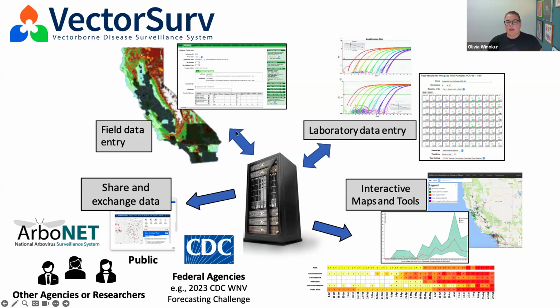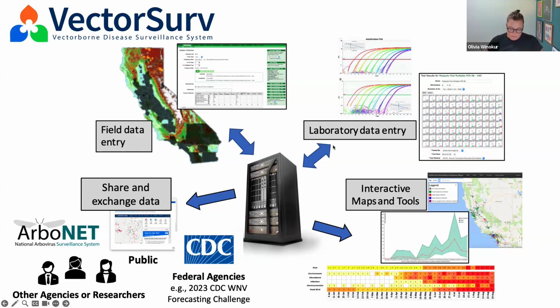You'll notice this arrow goes both ways. Any data you put into the system, you can always export out of the system as spreadsheets as well. So if your agency, I know not every agency does this, but if your agency does pathogen testing, you can also import and export laboratory data.